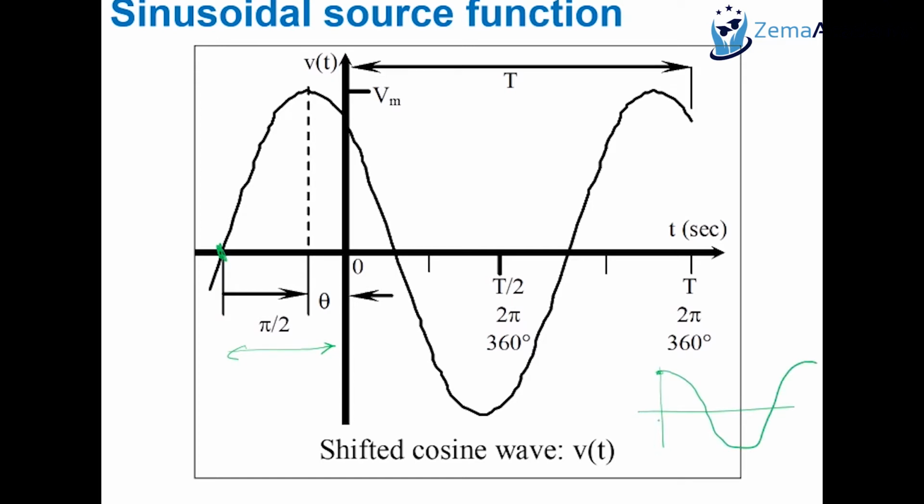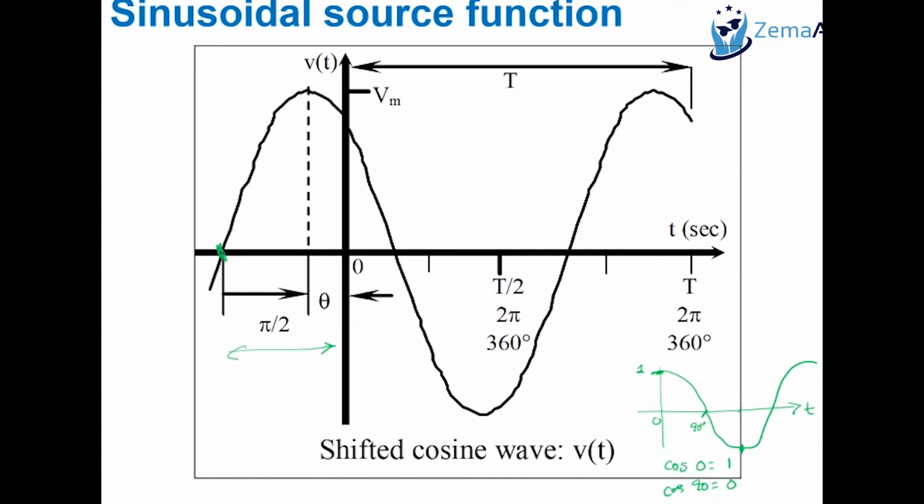At t equals 0, cosine 0 is 1. So at t equals 0, the cosine waveform has a maximum value. At 90 degrees, cosine 90 will be 0. So you can see this is what happens.